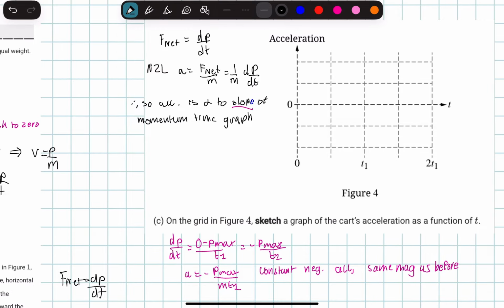From 0 to t1, it's going to be a horizontal line above 0, and then from t1 to 2t1, okay, this is a little longer, 2t1. So from t1 to 2t1, it's going to be a horizontal line below 0 of the same magnitude. There's a sudden jump at t equals t1 because this is when the slope changes.